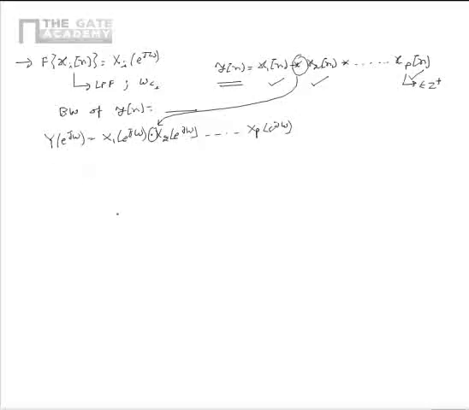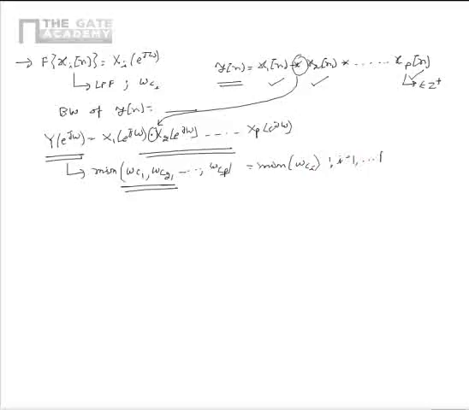From this we can say that the frequency band of y of e power j omega is the product of the frequency bands of x1, x2 and so on xp. So y of e power j omega will have a bandwidth which is equal to the minimum of omega c1, omega c2 and so on till omega cp. So the bandwidth of y of n is minimum of omega ci, where i runs from 1 to p.